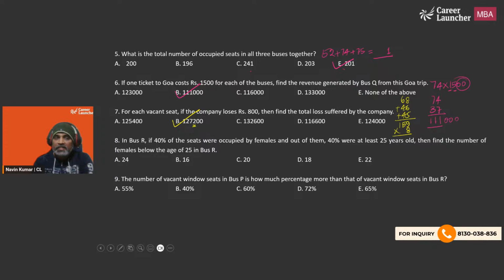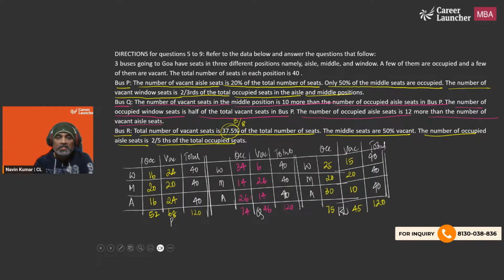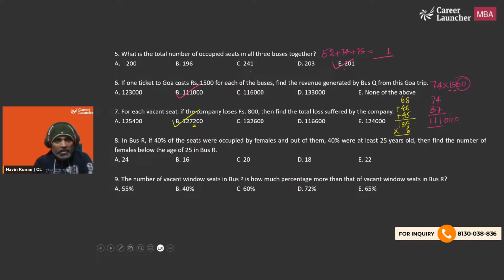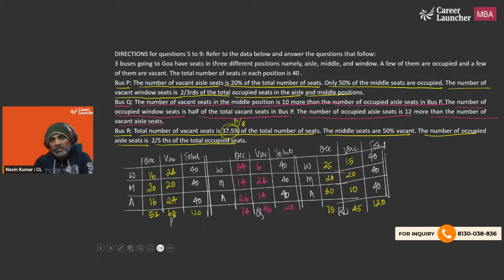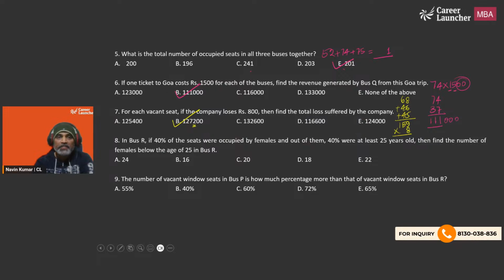Question number 8. In bus R, the last one, 75-45. If 40% of the seats were occupied by females, so the total seats we have is 75, right? So 40% of 75, 10% is 7.5, 20% is 15, 40% is going to be 30. So this is basically saying that 30 seats are occupied by females.